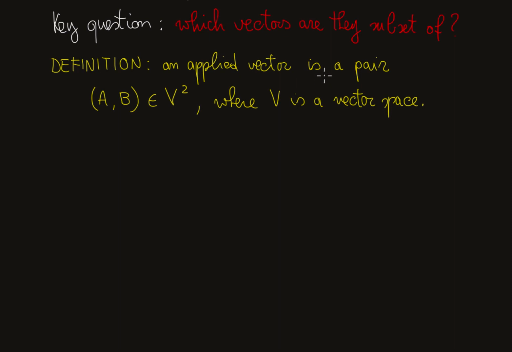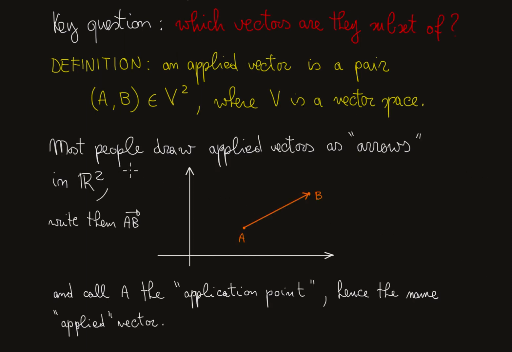Definition: an applied vector is a pair A, B in V squared, where V is a vector space. So an applied vector mathematically can be described as a pair of usual vectors in a vector space. Most people draw applied vectors as arrows.